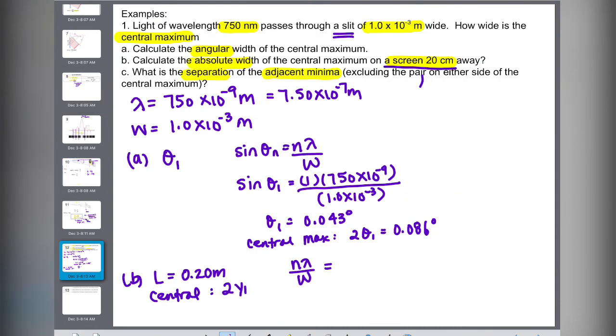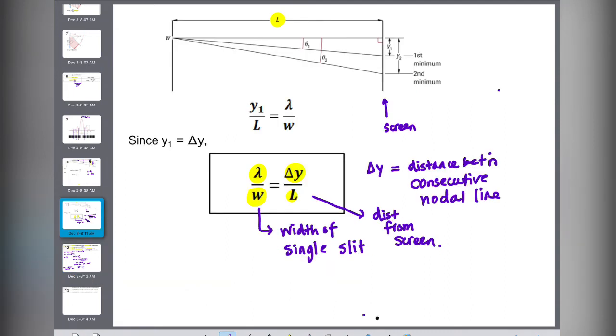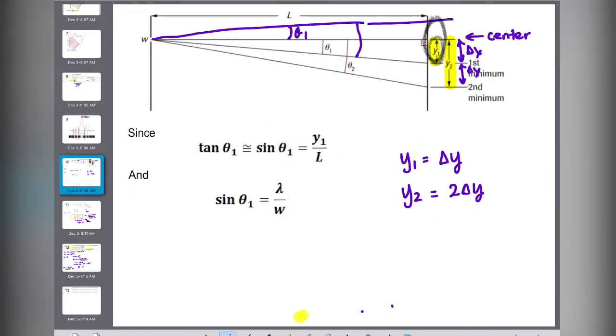Okay, so the y1 actually refers to y1 over L, because they're combining this equation with the sign thing, remember?